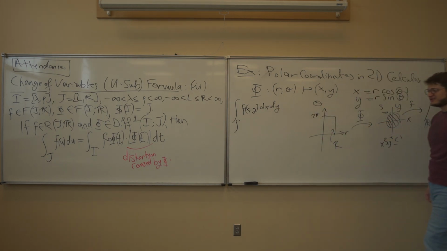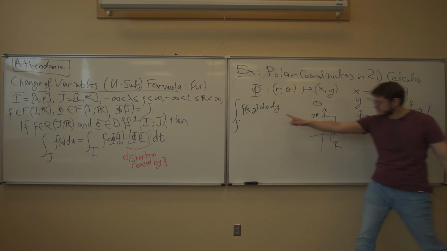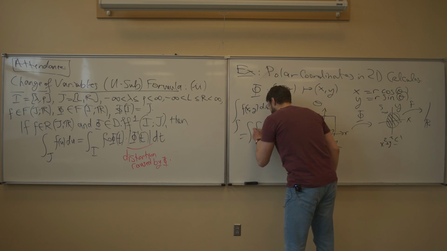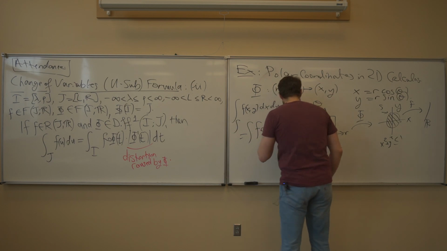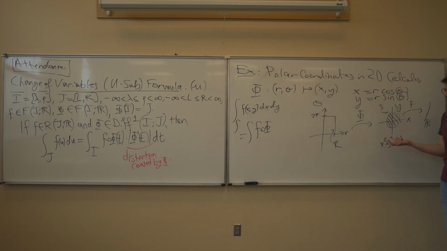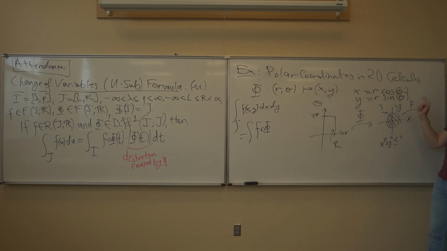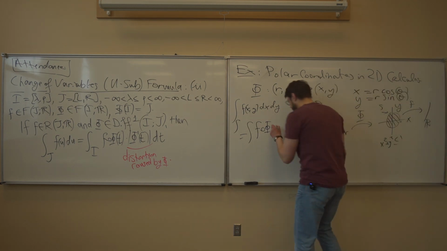You're gonna spend a lot of time making sense of this in multivariable calculus, but still. So I want to make sense of this, but instead of integrating it like this, I want to integrate the composition, which now takes r and theta. Phi of r comma theta is r cosine theta and r sine theta here.